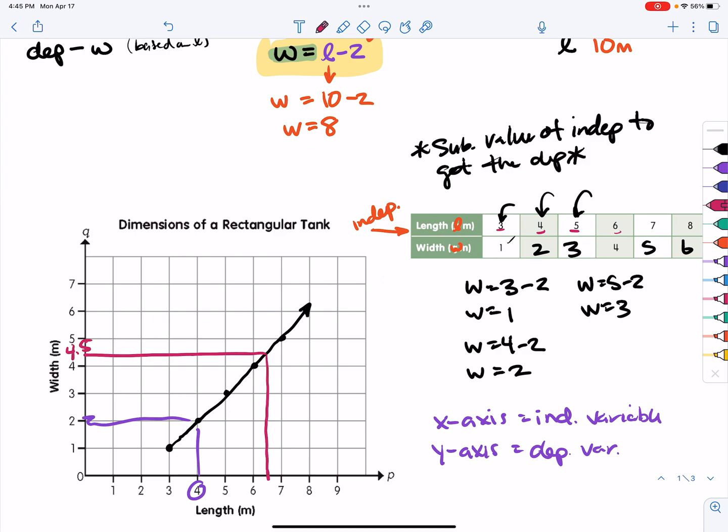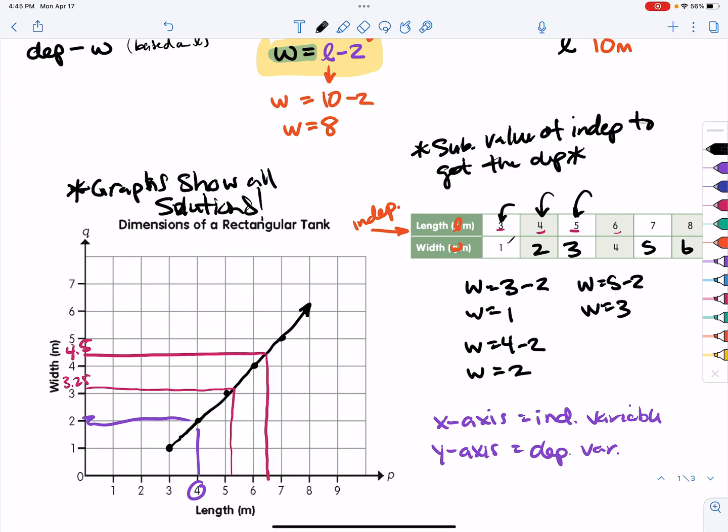Or if it was, let's say, 5 1/4, our width is going to be 3 1/4. So by graphing, we are showing all the solutions. Graphs show all solutions. Oh my gosh.